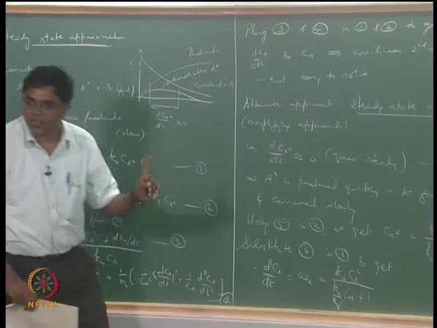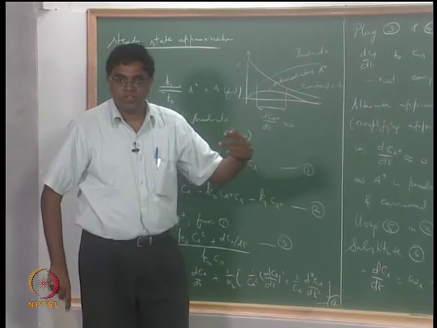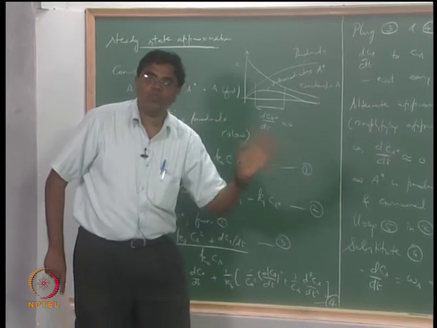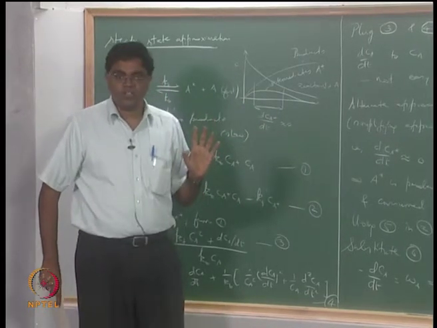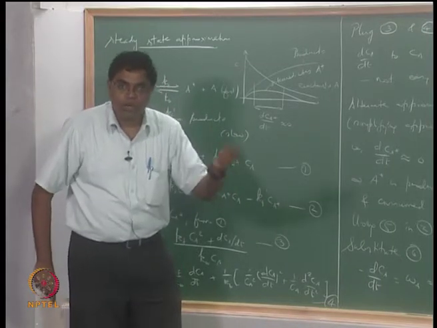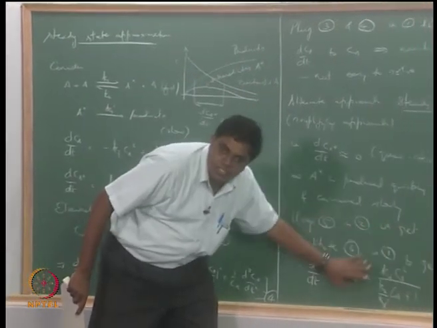So there is one reaction that is producing A star, there are two reactions that are consuming A star. Between the two reactions that are consuming A star, there is a competition on which one is doing a better job of consuming than the other. How is that competition faring when compared to the production rate? That's what this entire expression is all about.